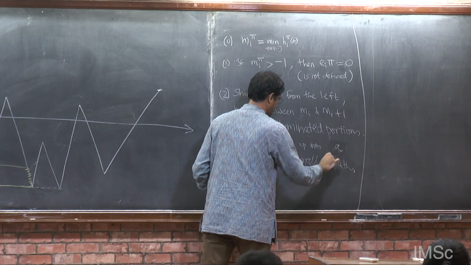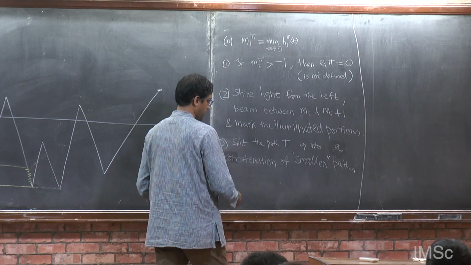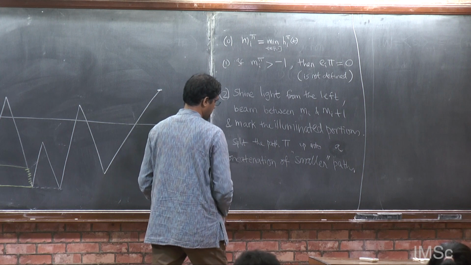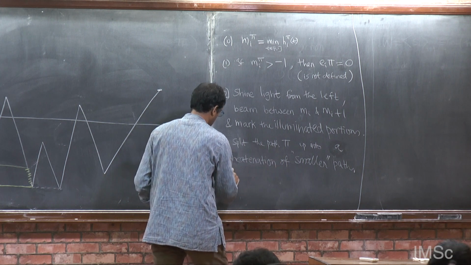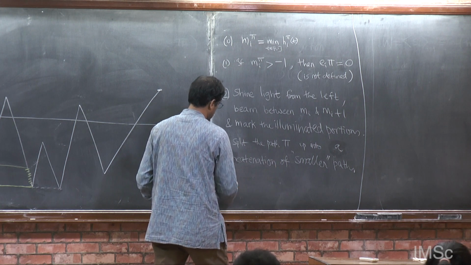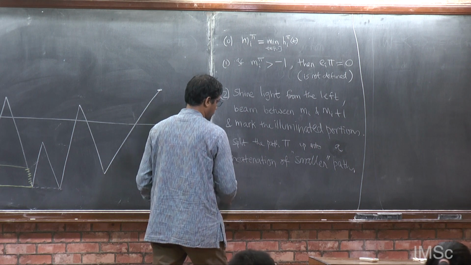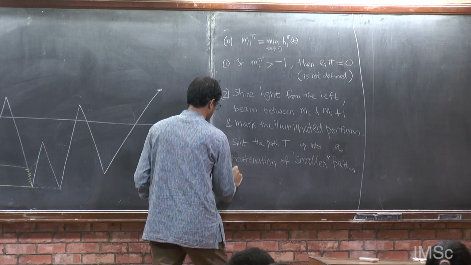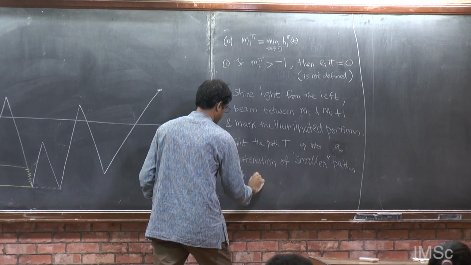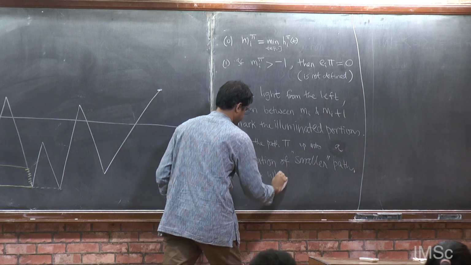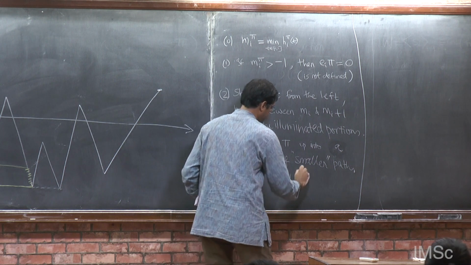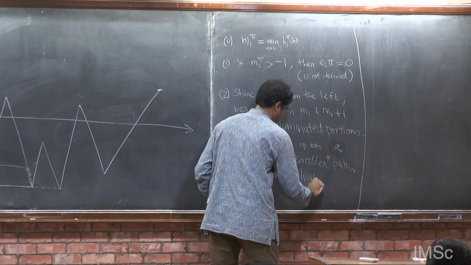You sort of know what I mean by that, some subset of pi. Smaller paths in which each segment is wholly lighted or wholly dark.